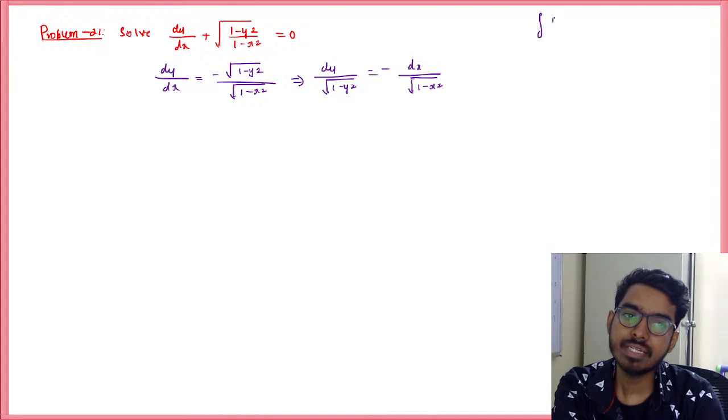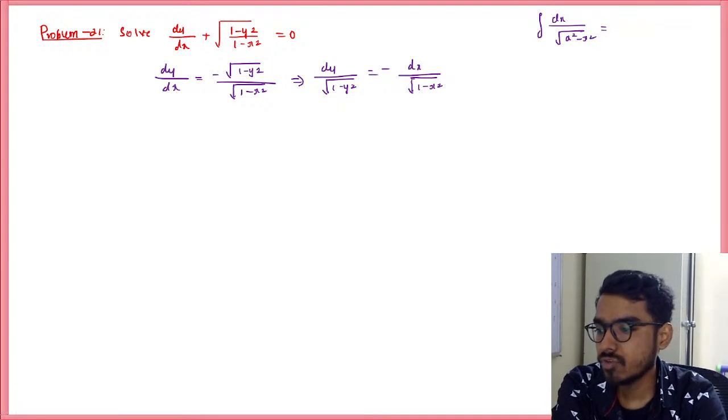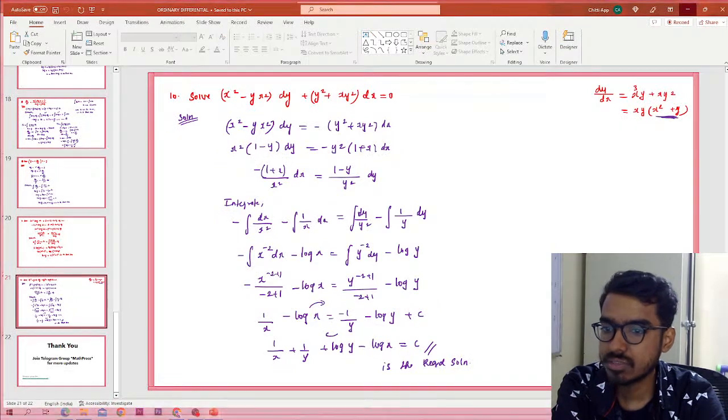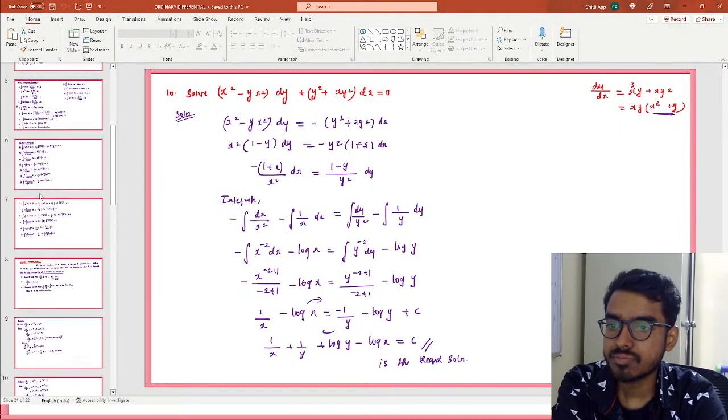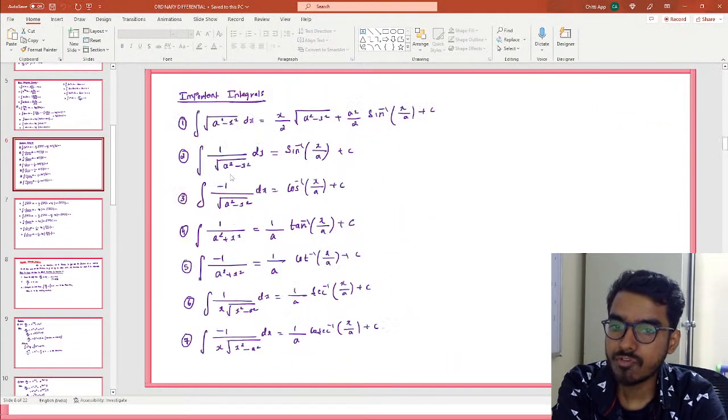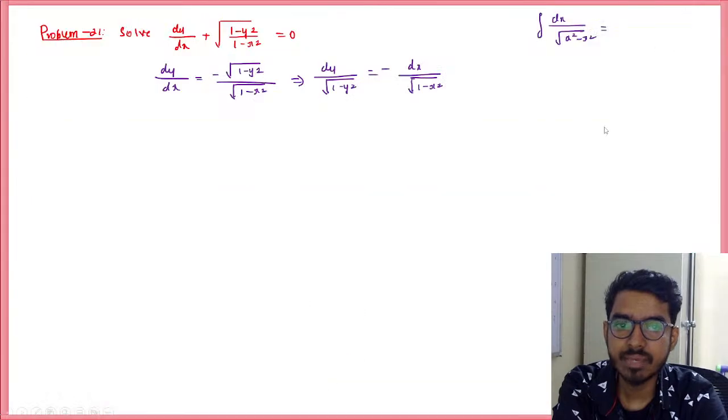And we know integration of dx divided by root of a square minus x square, I have given you the formula. 1 divided by root of a square minus x square is sine inverse of x by a plus c, right?